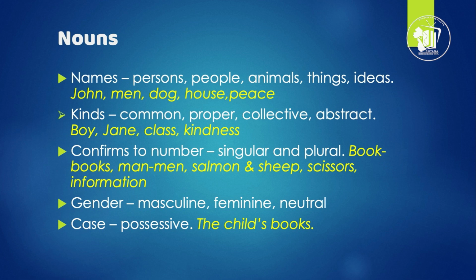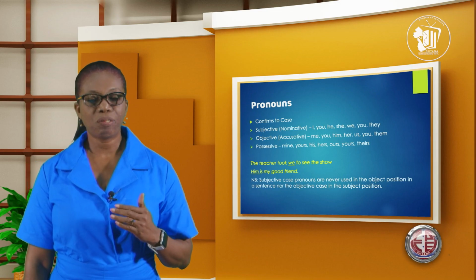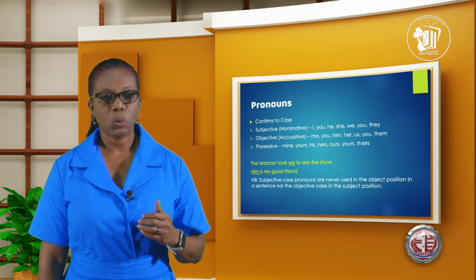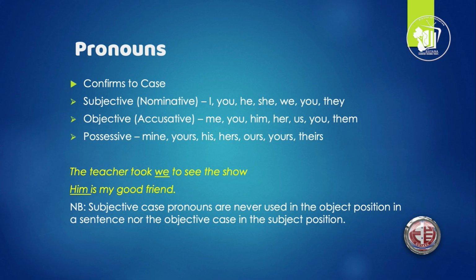So we have the child's book, meaning that the books belong to the child. Another naming aspect of words is pronoun. So pronouns conform to case, and we have the subjective or the nominative case, and the examples there that reflect subjective or nominative case are I, you, he, she, we, you, and they.